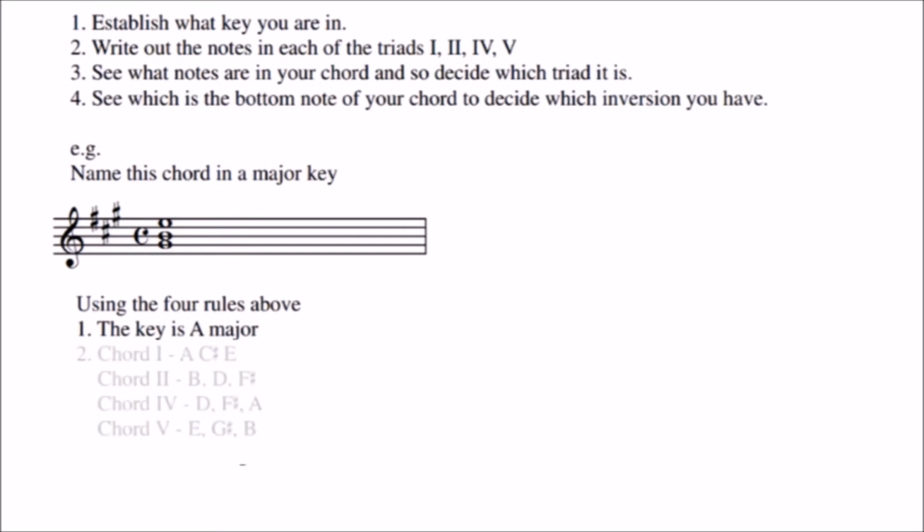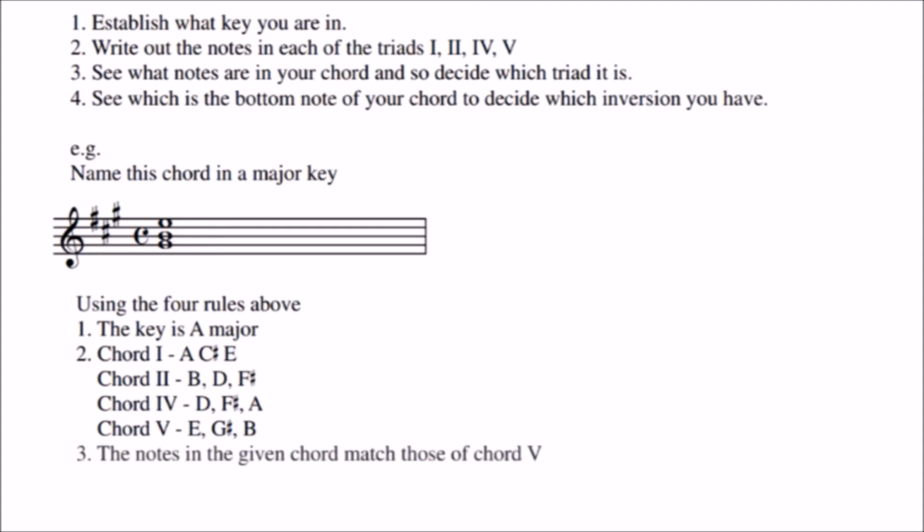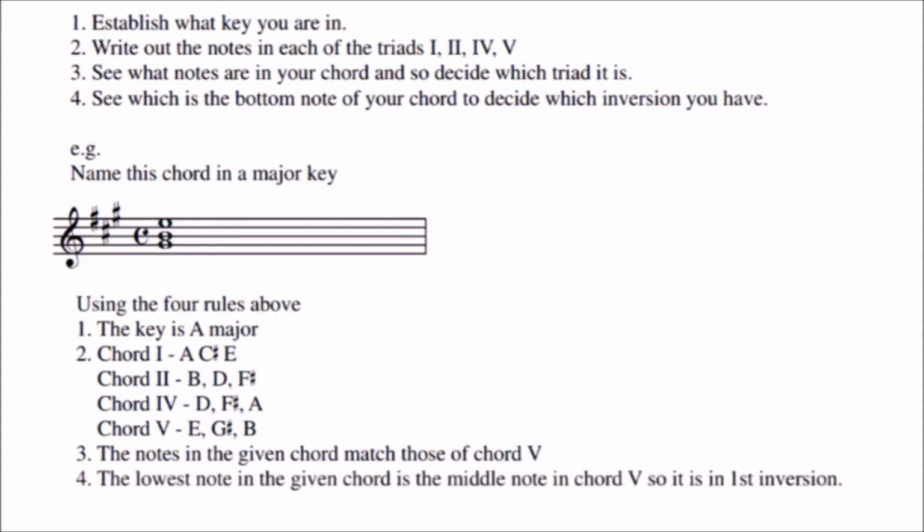So next, we write out the primary triads in that key for chord I, chord II, chord IV and chord V. Thirdly, you can see that the notes given in the chord match those of chord V. And finally, you can see that the lowest note in the given chord is the middle note in chord V, so it is in first inversion, or in other words, it is chord Vb.